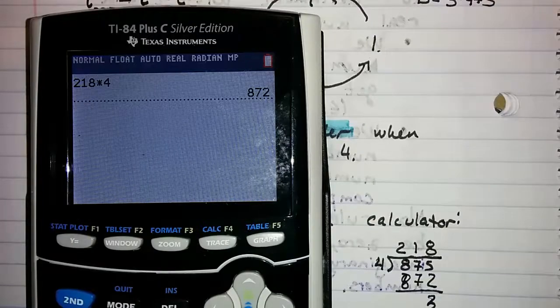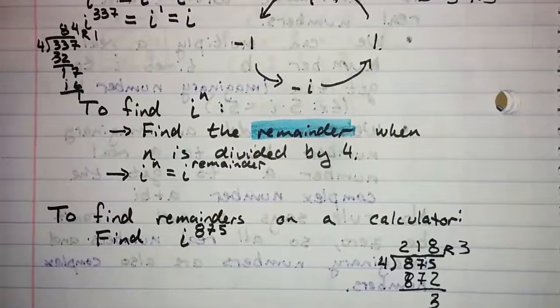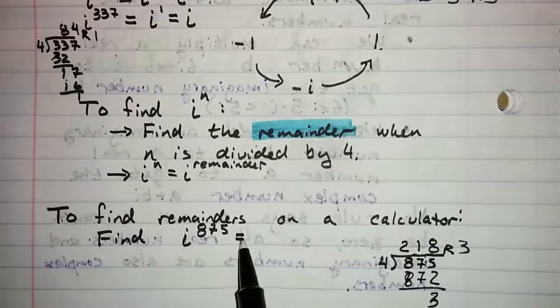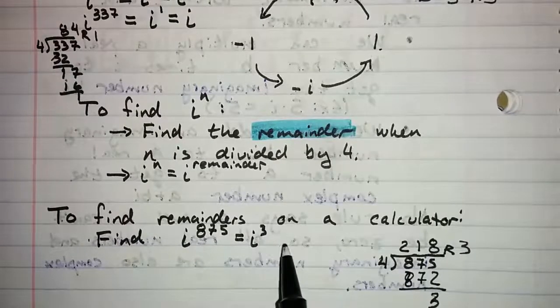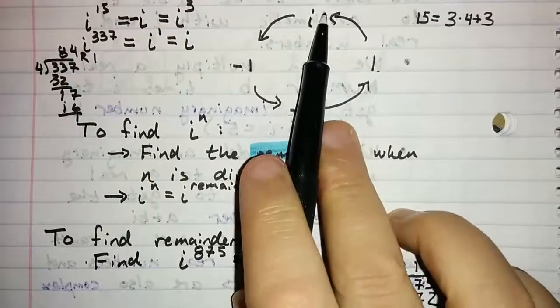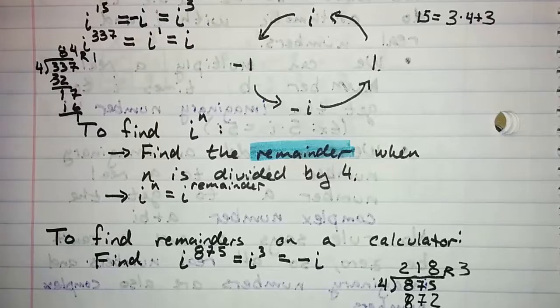Subtracting, I see that I have 3 left. So my remainder is 3. So i to the 875 is the same as i to the 3rd, which I know is 1, 2, 3, negative i.